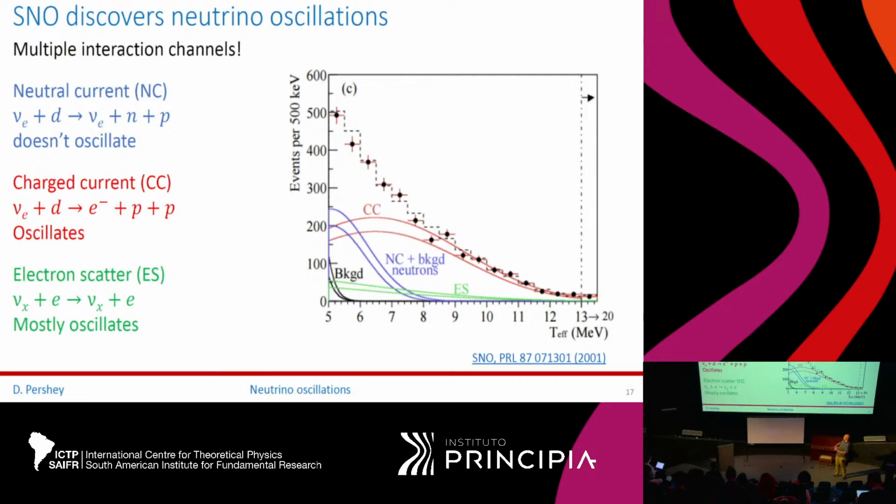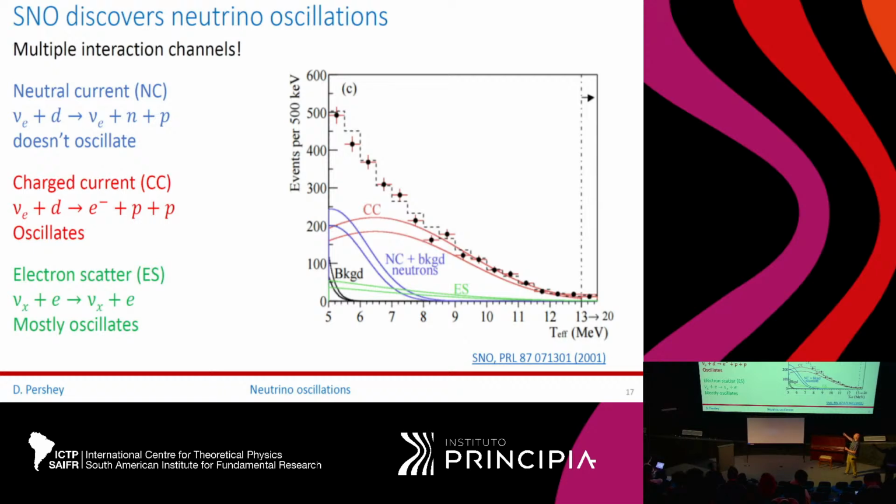Okay, so we have these three great interaction channels. We can just go look on this wonderful, beautiful data plot that shows the calorimetric energy that SNO saw in data, along with the expectations for what the shape should look like for these three different interaction channels for neutrinos within the detector.